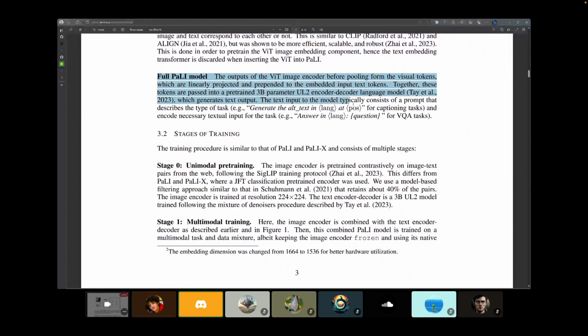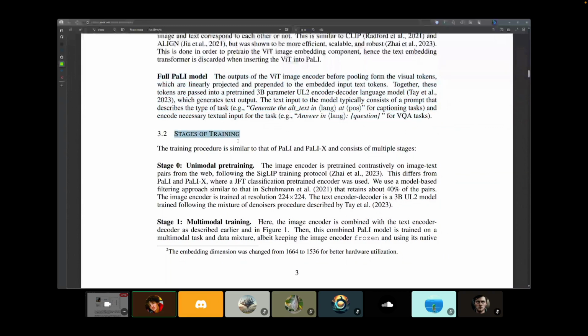The text input to the model typically consists of a prompt that describes the type of task. That generates the alt text for captioning tasks and encodes necessary textual input for the task, such as the question for the QA task.